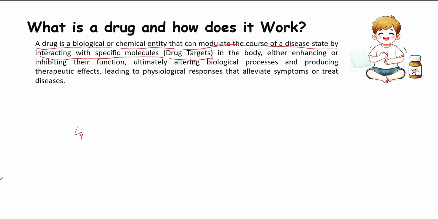Right? So let's say this is a drug molecule. A drug molecule can be biological, like vaccines or antibodies, or it can be a chemical entity.